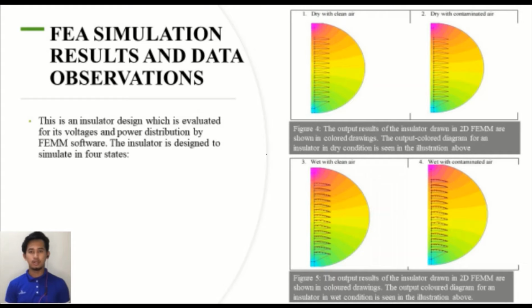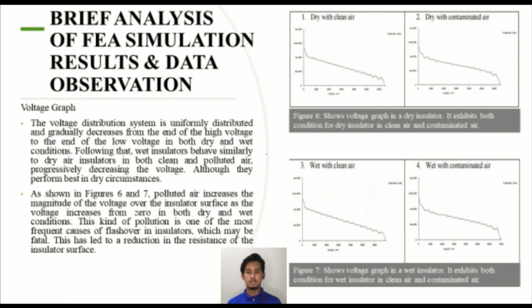The output colored diagram for an insulator in wet condition is seen in the illustration above. The voltage distribution is uniformly distributed and gradually decreases from the end of the high voltage to the end of the low voltage in both dry and wet conditions.